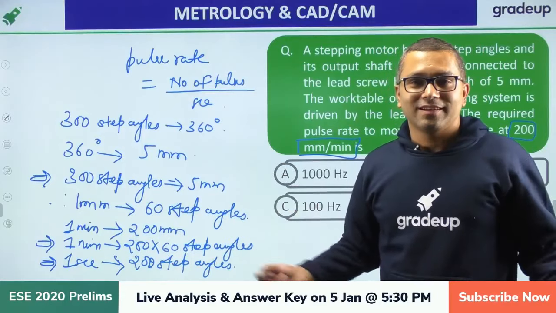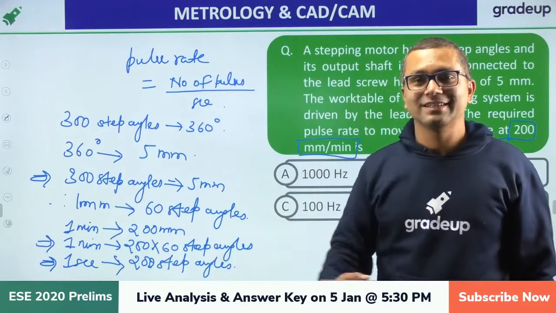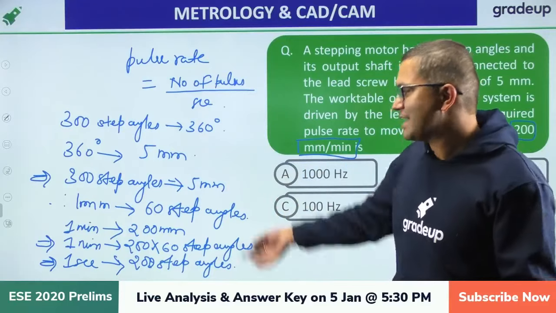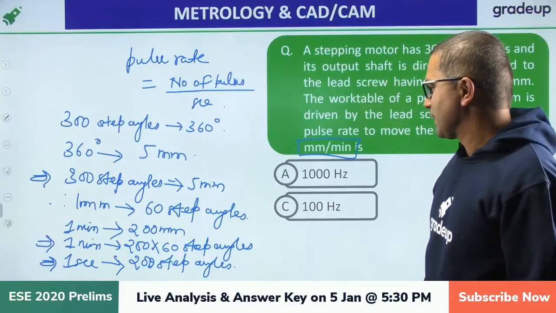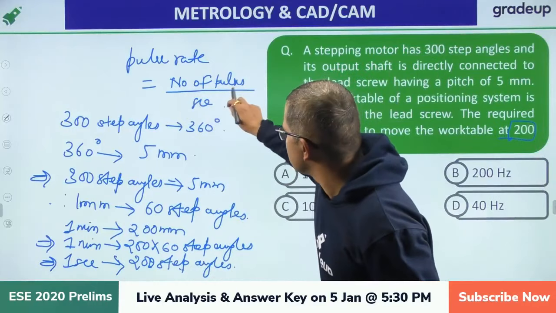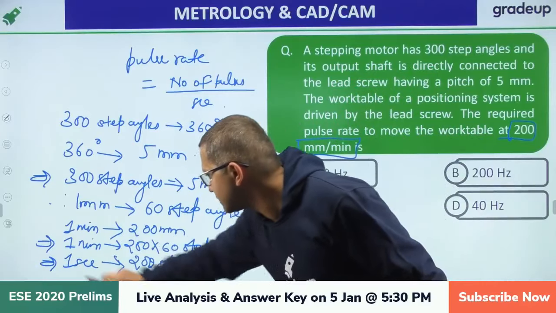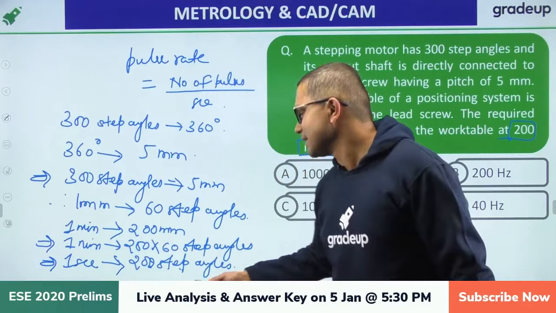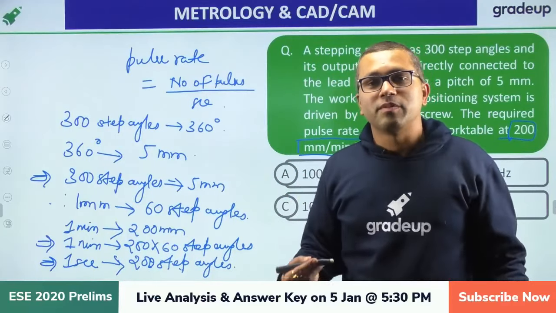Okay, fine. It seems there's a problem in the upstreaming. I hope that this is taking place, but still I need to complete this. So let's carry forward. But we have to calculate this number of pulses per second. We have calculated number of step angles per second, right? In 1 second, how many step angles are being traveled by the motor?